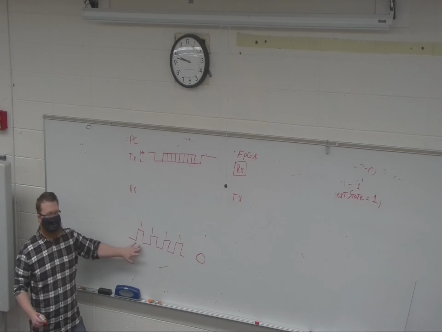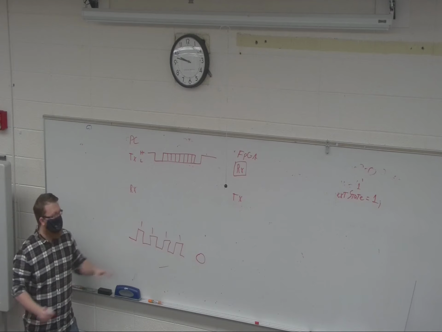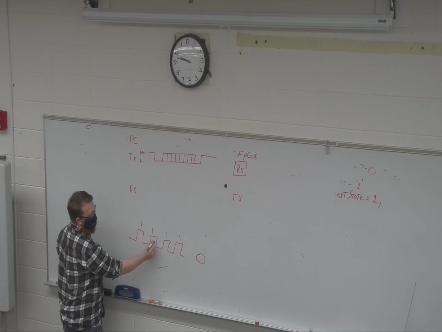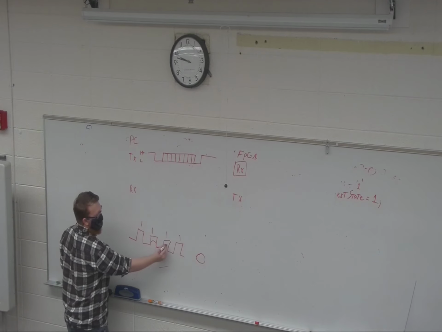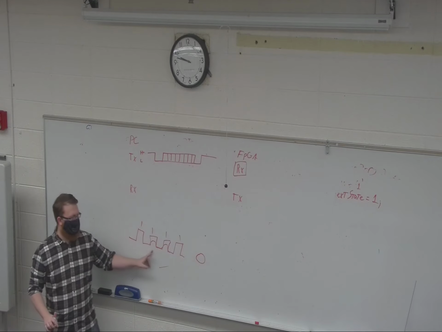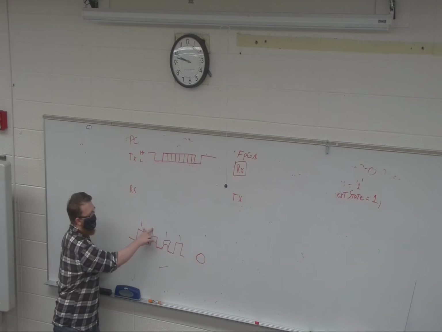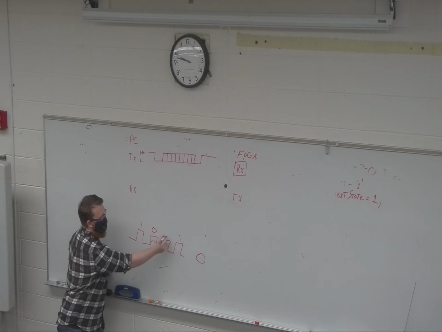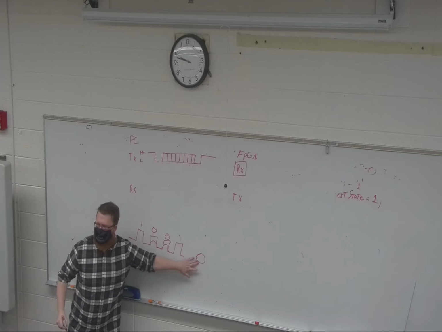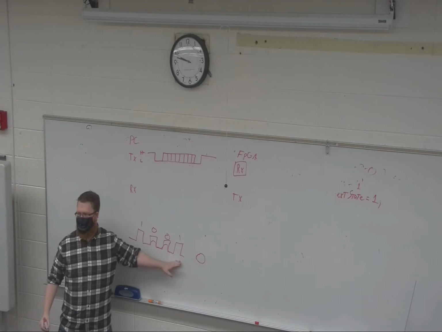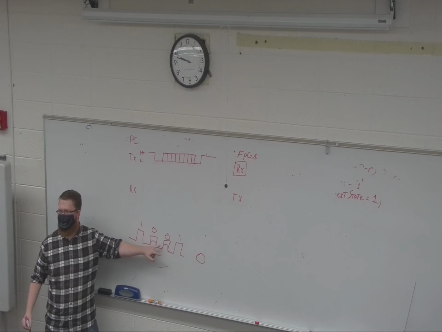Now it's possible that the transmission line is really bad and I never get up to that value. So my actual waveform looks more like that, and these both get counted as zeros. My parity bit is still 0 because I'm still even, but I got the wrong numbers.